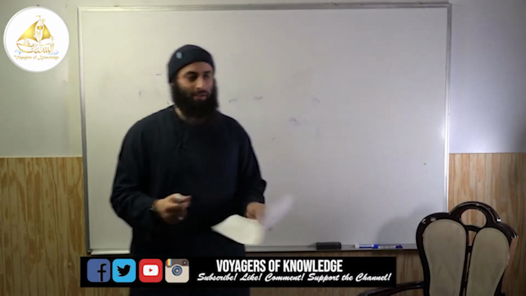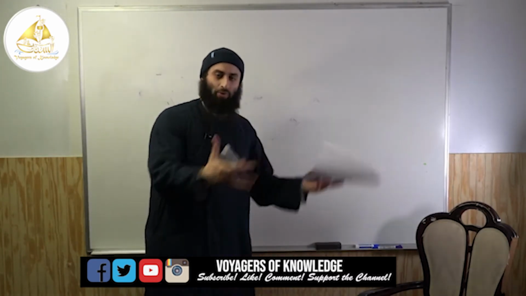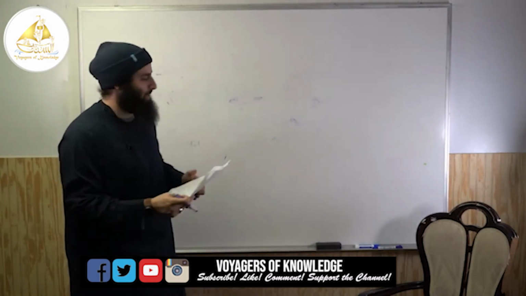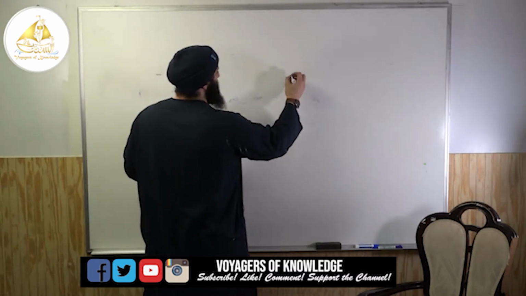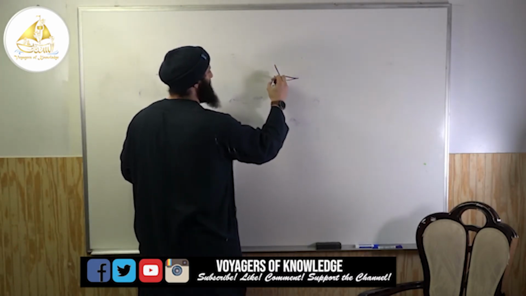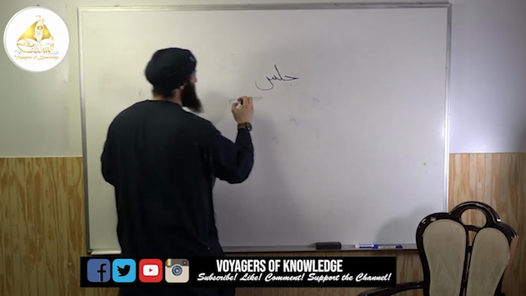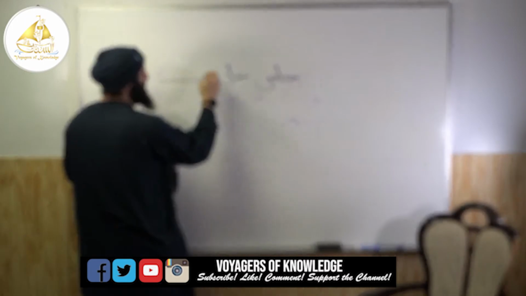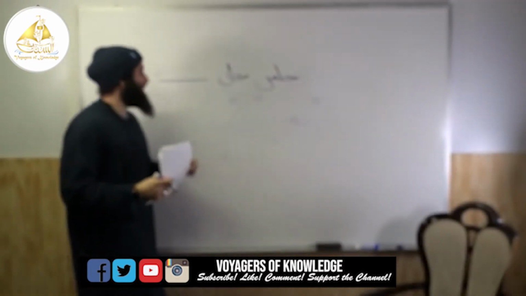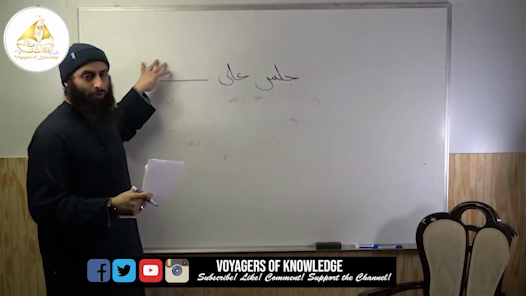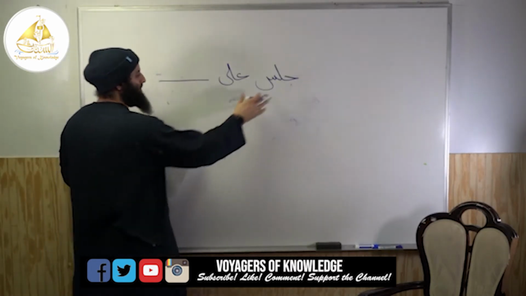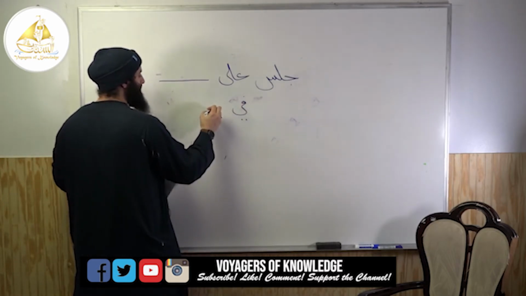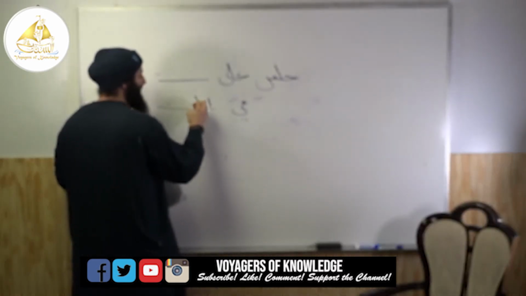Unless it's like an egg-shaped chair where you go inside. But it should say I sat on the chair. So jalasa ala, and you can put any word here. If you're going to put chair, you're going to say ala al-kursi. If you're going to say jalasa fil bayti.